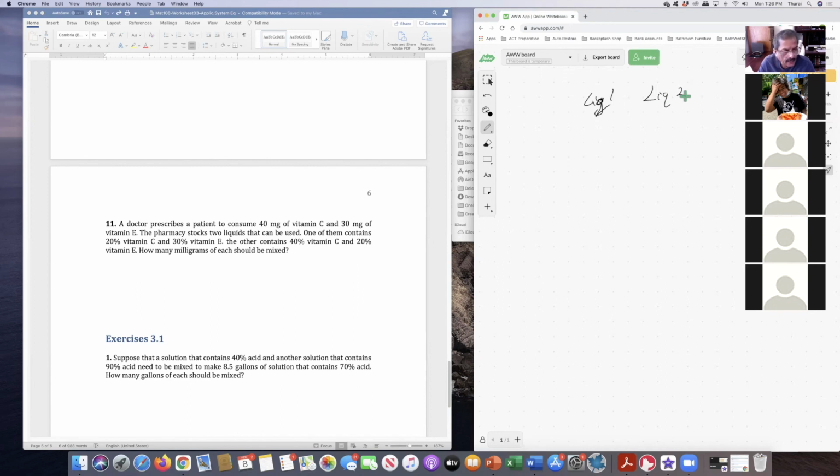The first liquid has 20% vitamin C and 30% vitamin E. Those are the 2 things we are concerned with.